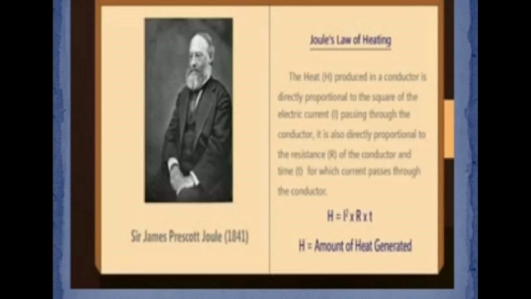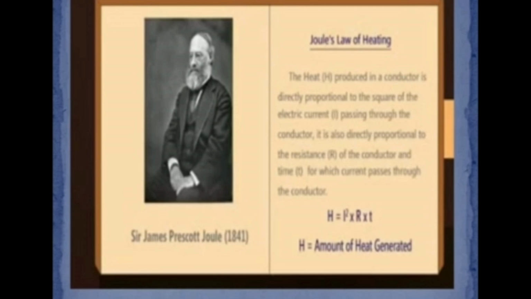H is equal to I square RT, where H is the heat energy, I is the flow of current, R is the resistance of the wire, and T is the time period. This relation was experimentally verified by Joule and is known as Joule's law of heating.